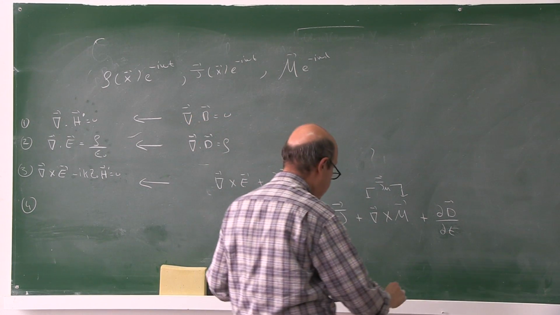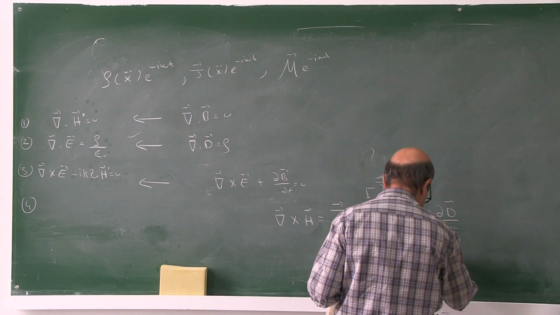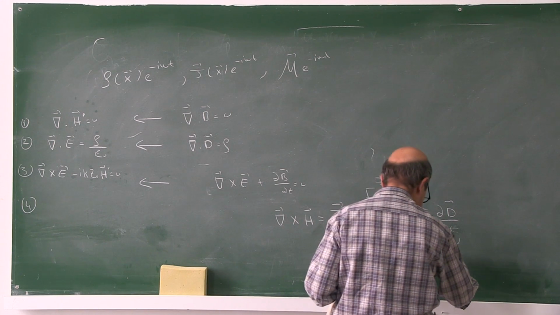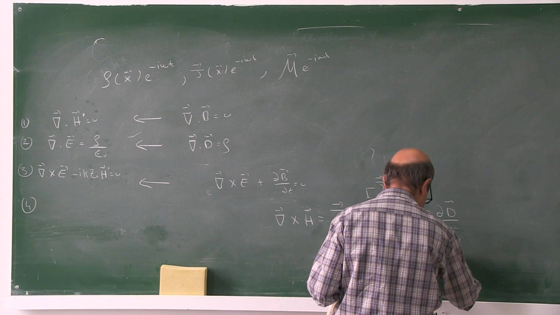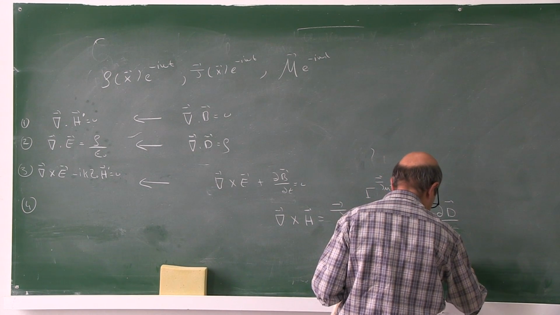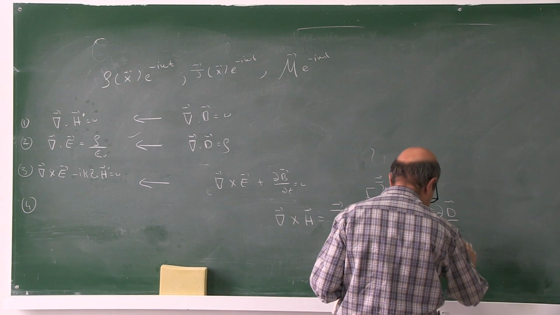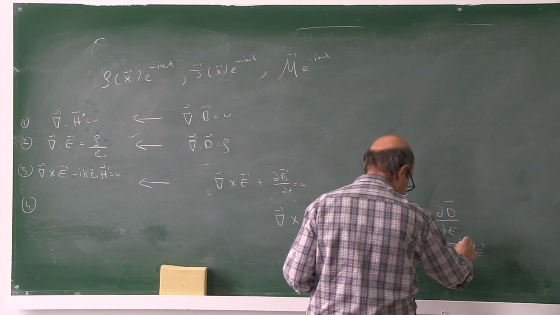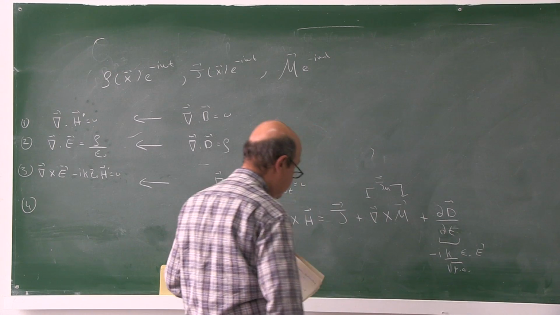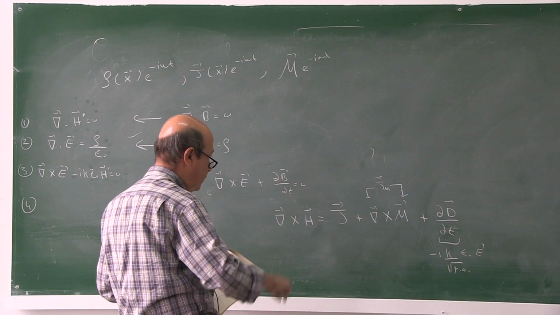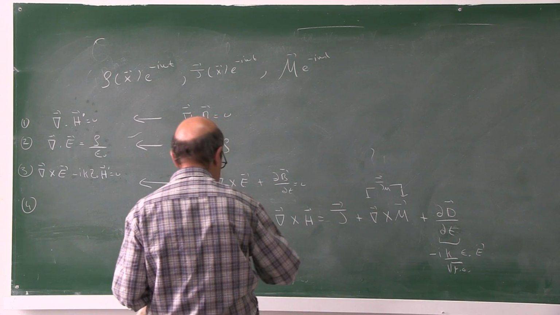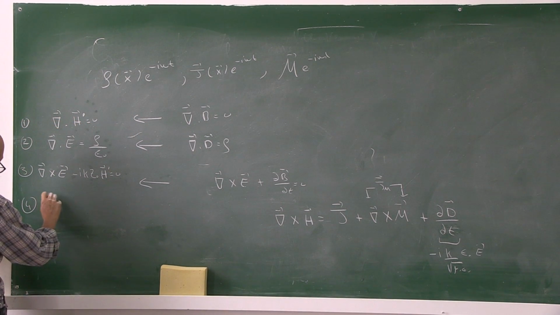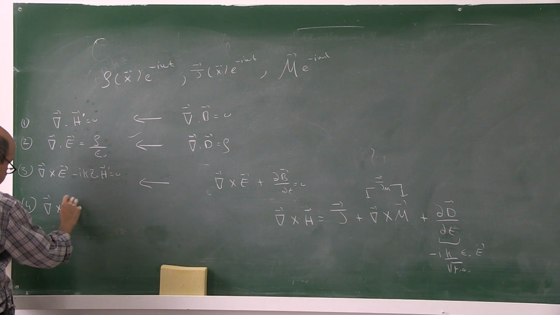So basically, if you do the same thing we did, this will be minus I omega. Omega is Kc. C is square root of mu 0 epsilon 0. D is epsilon 0 E. In that case, one of the epsilon zeros will be cancelled. That will be square root of epsilon 0 over mu 0. If you take the term to the other side, you will obtain curl of H prime.